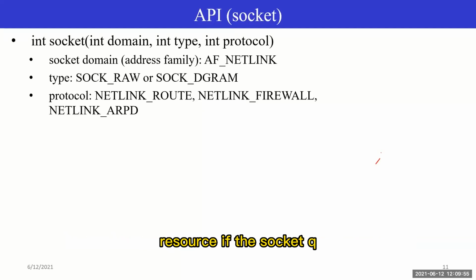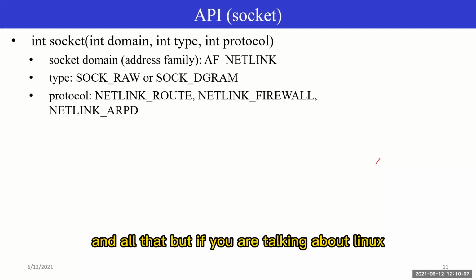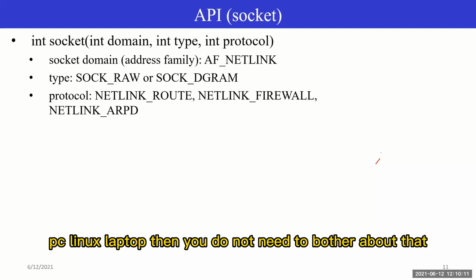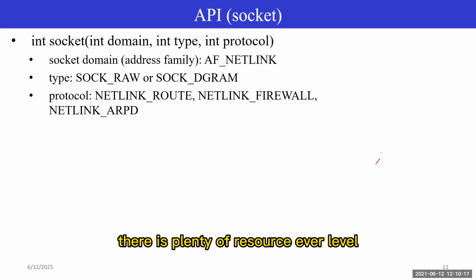If the socket queue has very limited resources, as I have been working in embedded systems, I have a tendency of thinking about very low resources and all that. But if you are talking about a Linux PC or Linux laptop, then you do not need to bother about that. There is plenty of resource available.